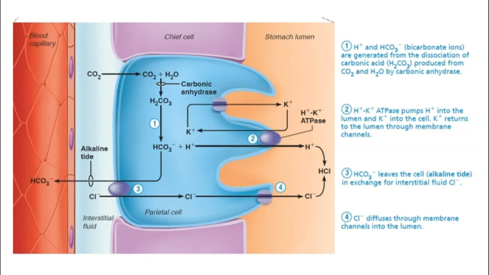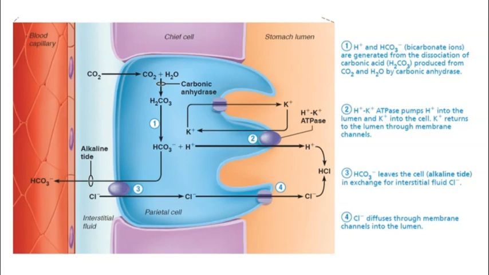Because bicarbonate is a negatively charged substance that was pumped into the tissue fluid, a balance of electrical charges must remain consistent within the interstitial fluid, or the tissue fluid. So as bicarbonate is pumped out of the parietal cells, a negatively charged chloride ion, that is a Cl- ion, is pumped into the parietal cell and then into the stomach lumen.